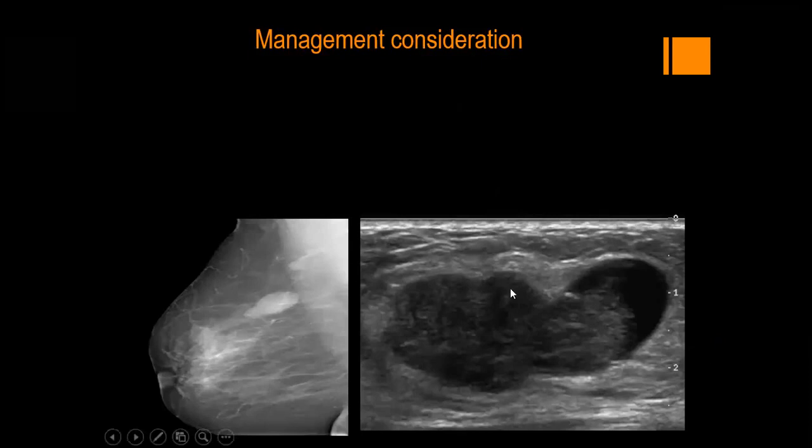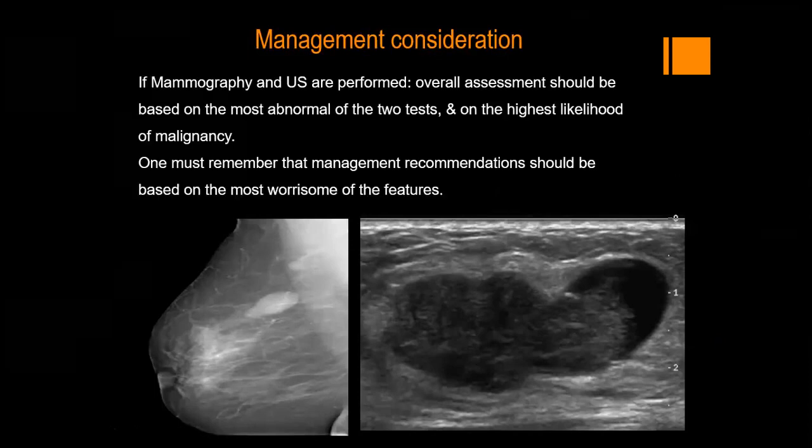Here, this is a case of complex fibroadenoma. On mammography, it is smooth, oval, equal density, but here it is complex. Since it is complex, we are going to recommend biopsy, because we have to manage by the highest likelihood of malignancy.